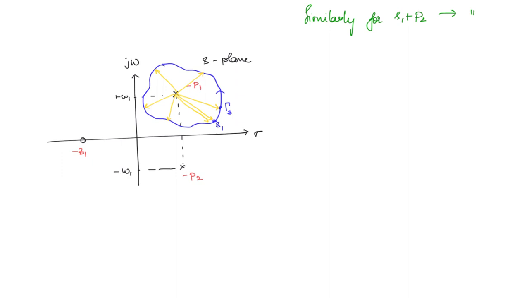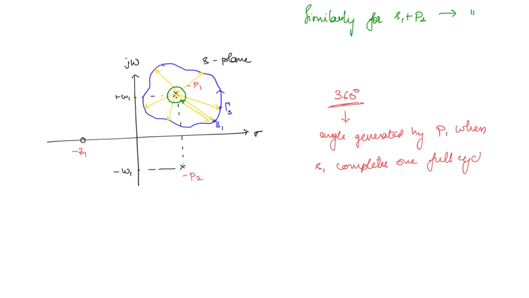Then what is the angle generated? It is starting from here, it is going in this direction, it is coming back to the same point. Here the angle generated is a complete 360 degrees. This is the angle generated by p1 when s1 completes one full cycle.